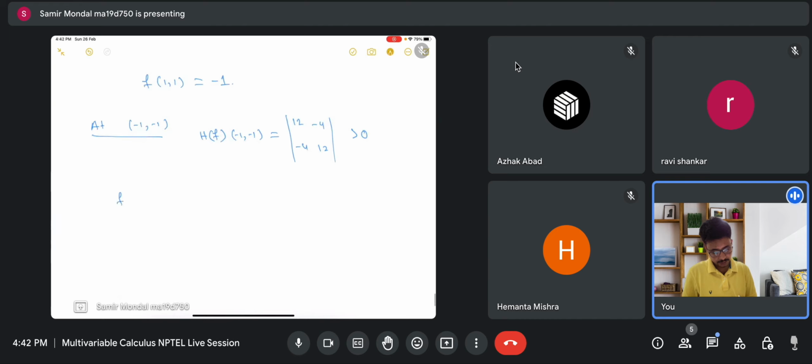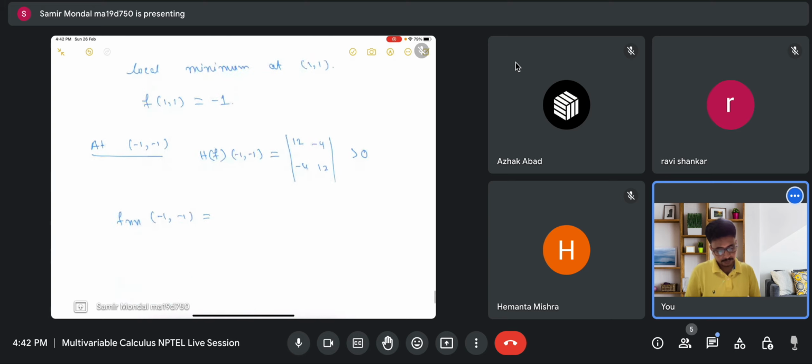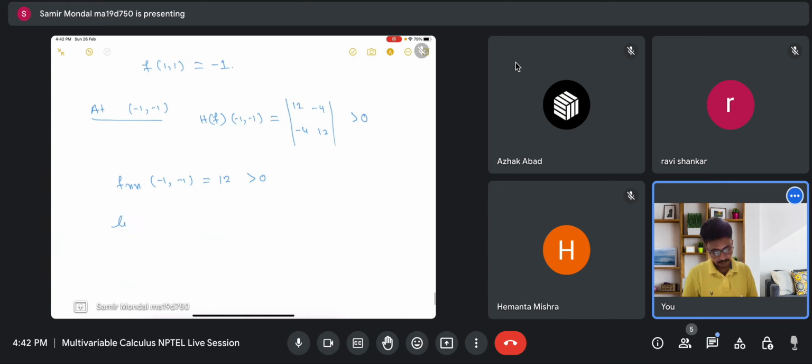And what is this quantity? Local minima, sir. What will be this one? Also 12, positive. So what are we getting? Local minima at the point (-1, -1).